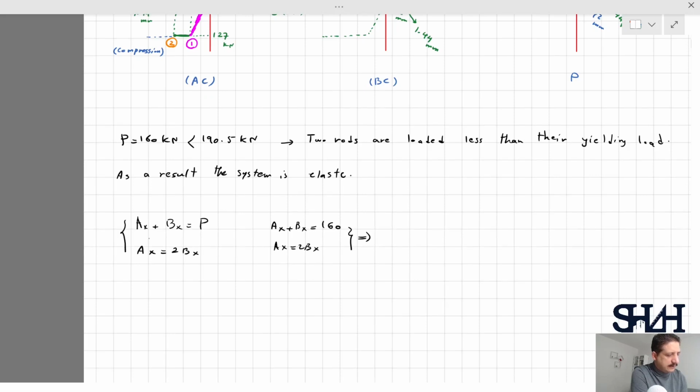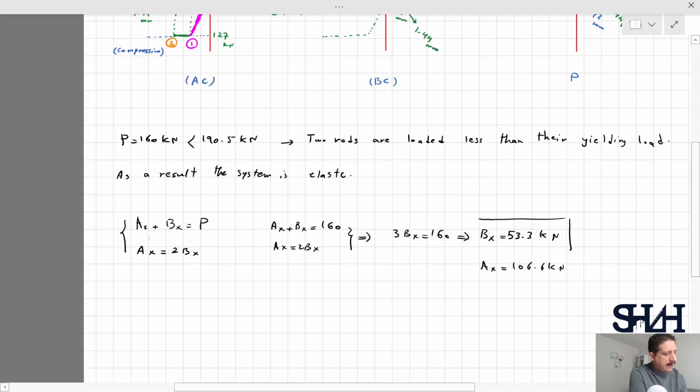As a result, 3BX will be 160, and then BX will be 53.3 kilonewton. Consequently, AX will be 106.6. As we can see, AX and BX are both less than 127 kilonewton, which was the yielding force.